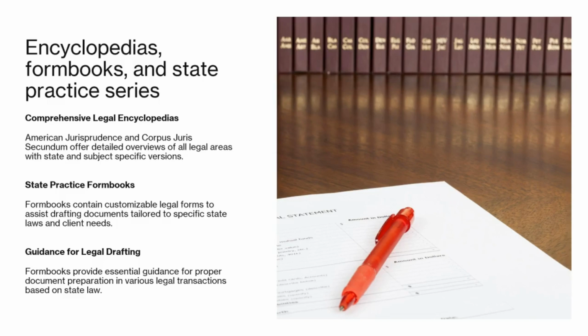State practice series, such as form books, contain forms to assist in drafting documents. They provide guidance on the law of the state and how to prepare documents relating to the transaction. They're available for most states, and forms should be modified, of course, for the client's specific needs. But they are great guidance for legal drafting.